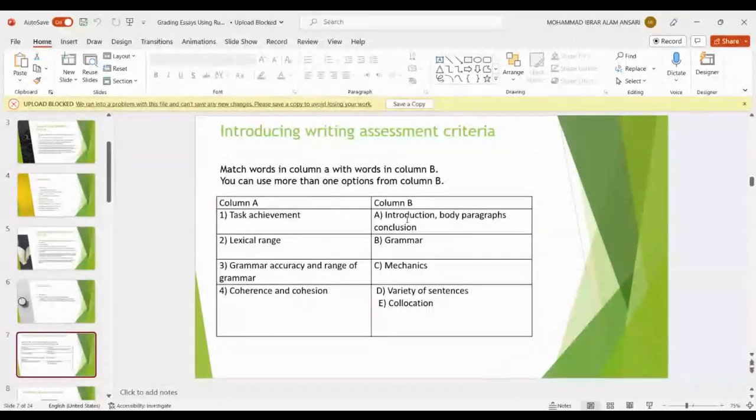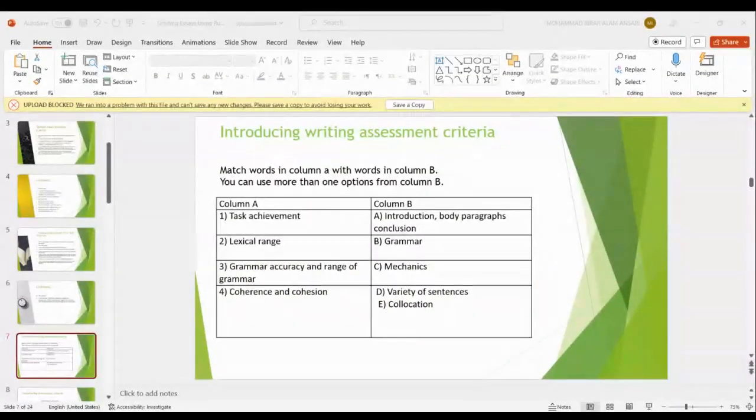Can you match words in column A with words in column B? You can use more than one option from column B while matching with A. If you have any comments, you can write in the chat box, or you can talk to me using your mic.